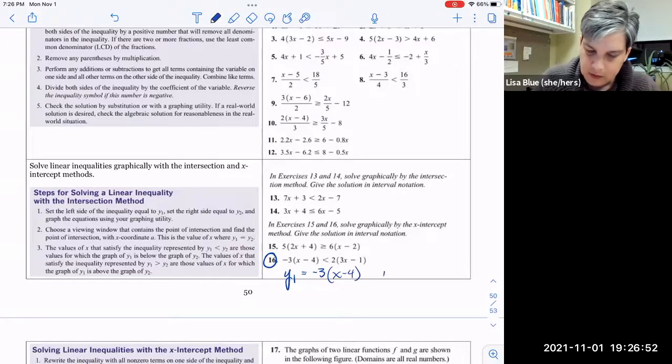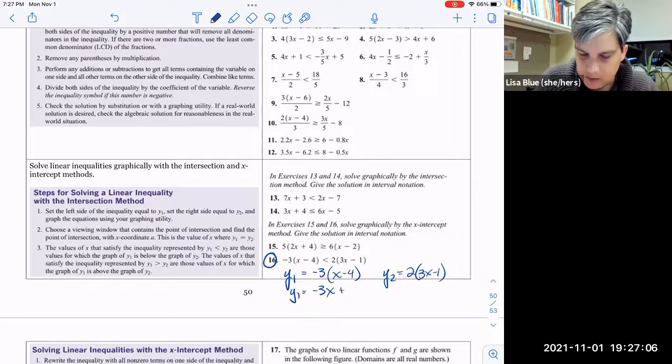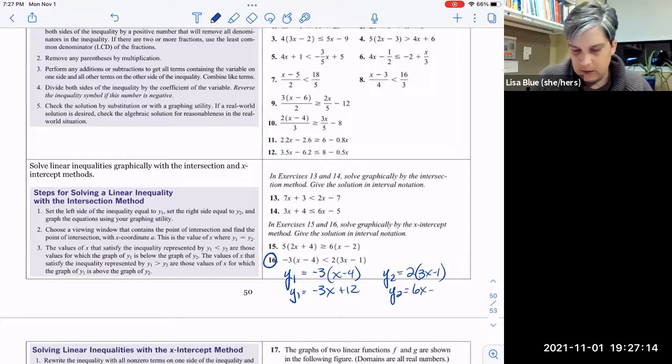And then we would say y2 is equal to 2(3x - 1). I would want to go ahead and clean that up. So -3 times x gives me -3x, and then -3 times -4 gives me +12. Y2 is equal to 6x. Let's see, 2 times -1 gives me -2.